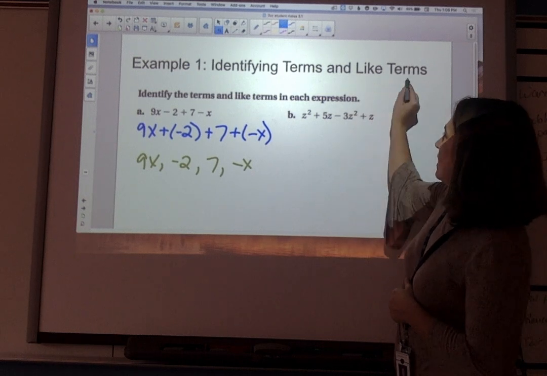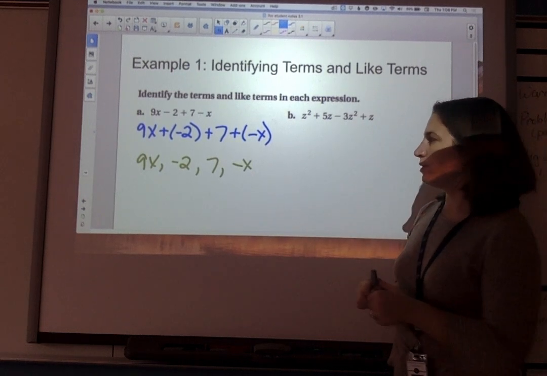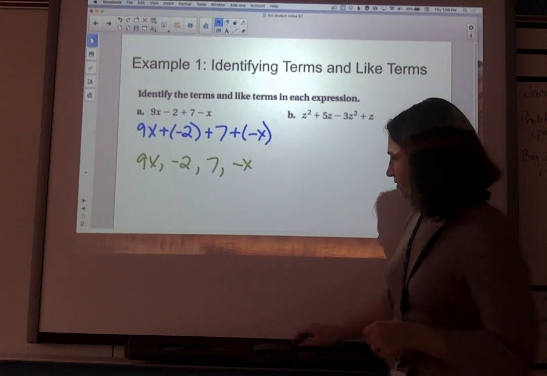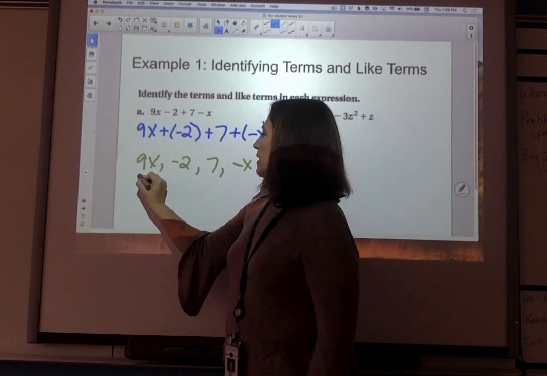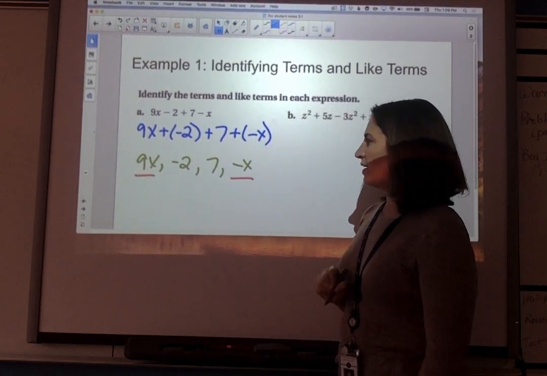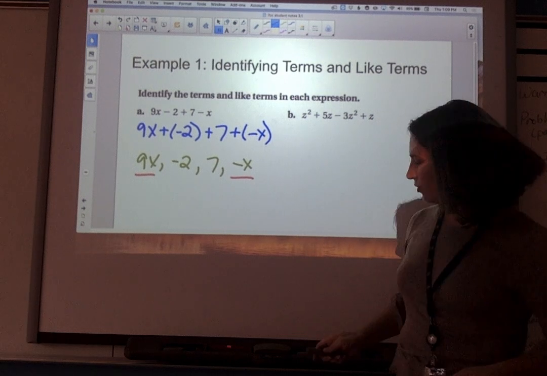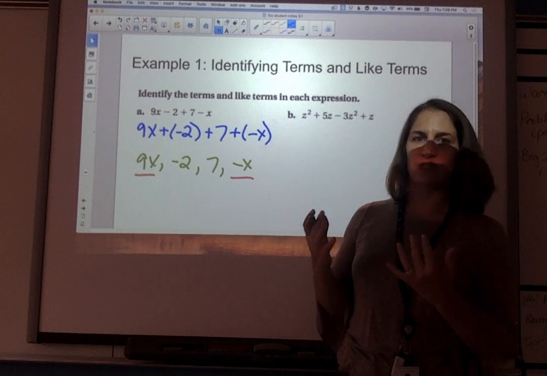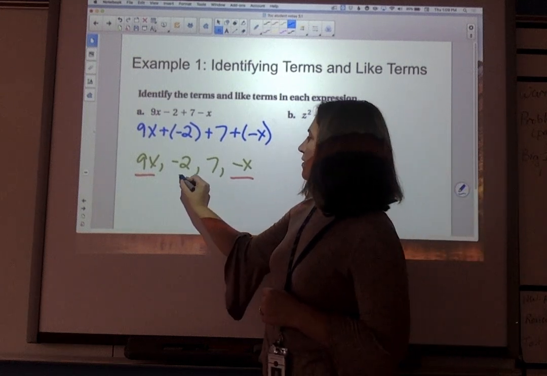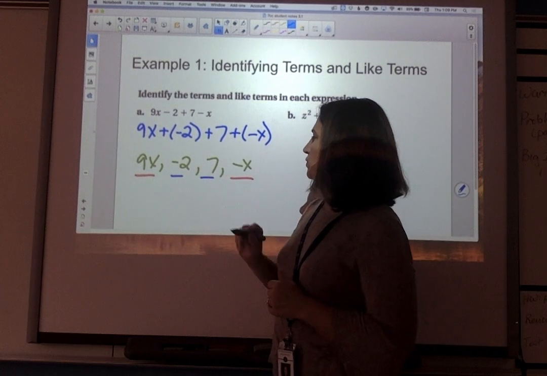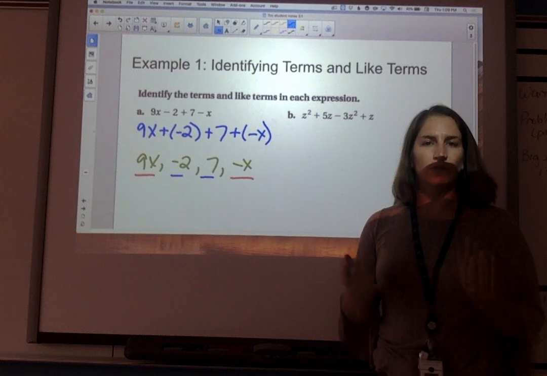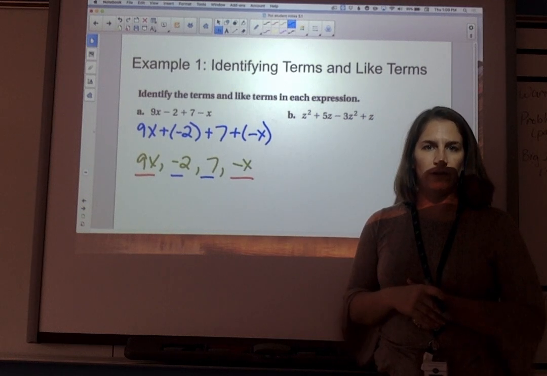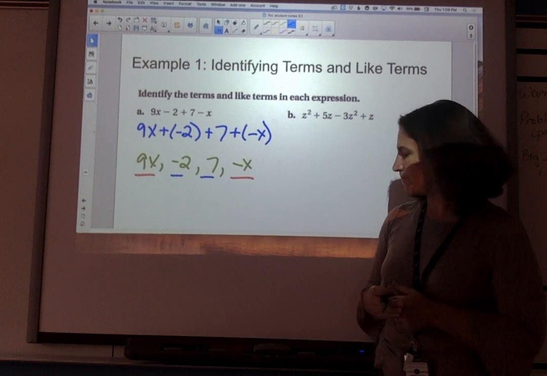And then we're also going to identify the like terms. So here are the terms that are like each other. 9x and negative x are like terms. Those are both terms that have x raised to the first power or just by itself. And then we have negative 2 and 7. Those are both constants. Those are like terms because there is no variable involved with either of them.